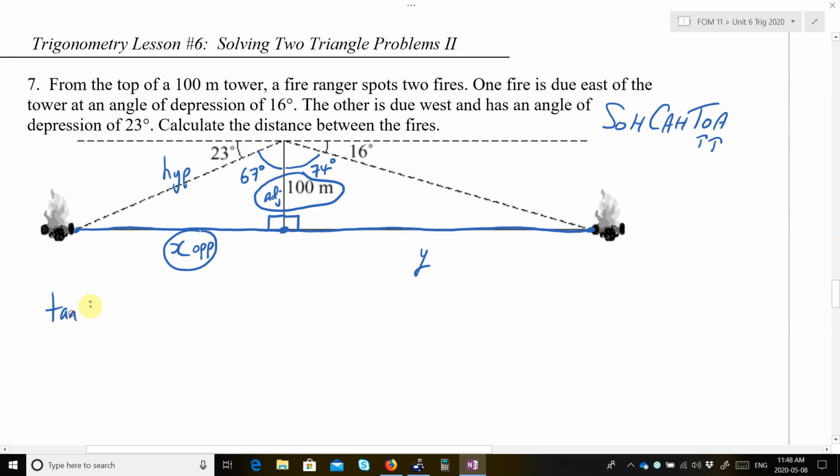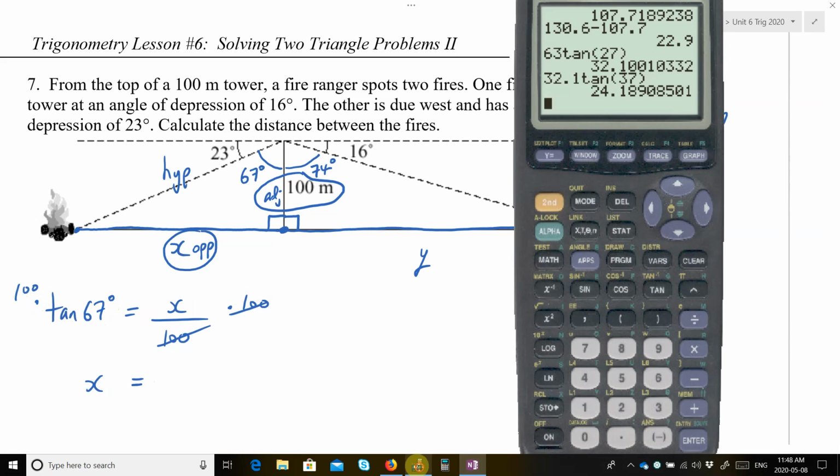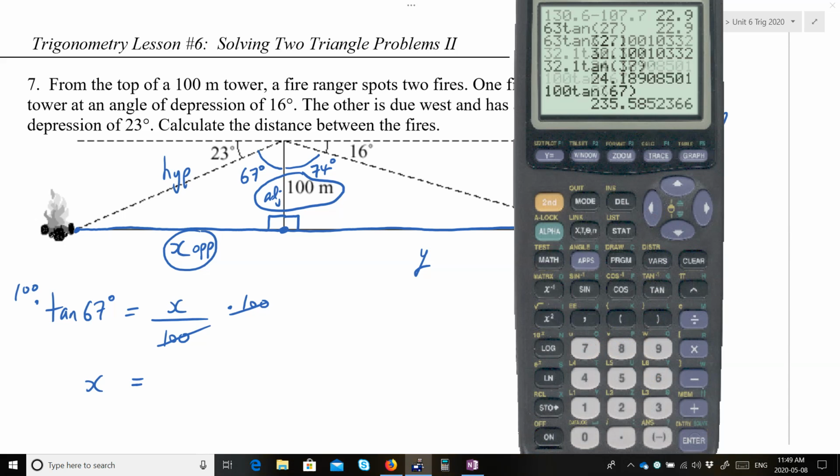So I would go tan 67 degrees is equal to opposite is x, adjacent is 100 meters, and multiply both sides by 100. So x is equal to 100 tan 67, which is 235.6.